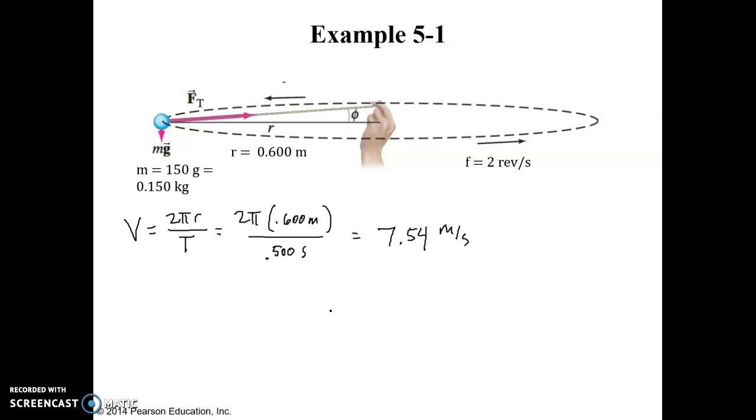Once we know the velocity, we can find the centripetal acceleration, and we're going to plug that into Newton's second law of motion. The sum of forces equals mass times centripetal acceleration, and centripetal acceleration is velocity squared over radius. So the mass of the ball is 0.150 kilograms.